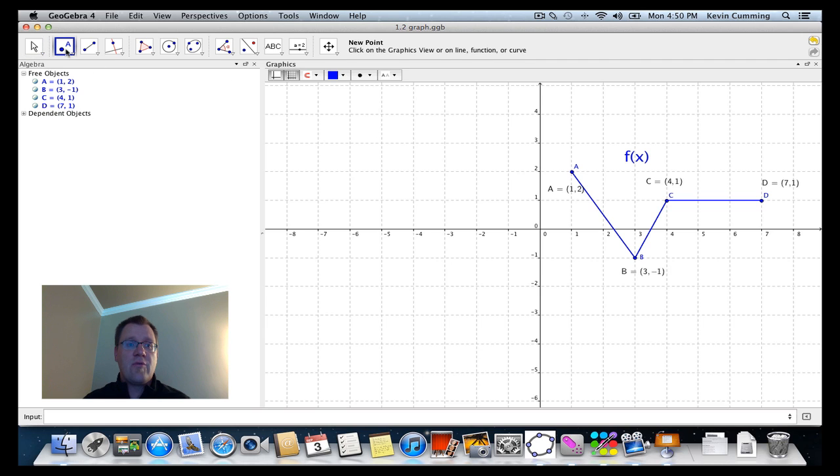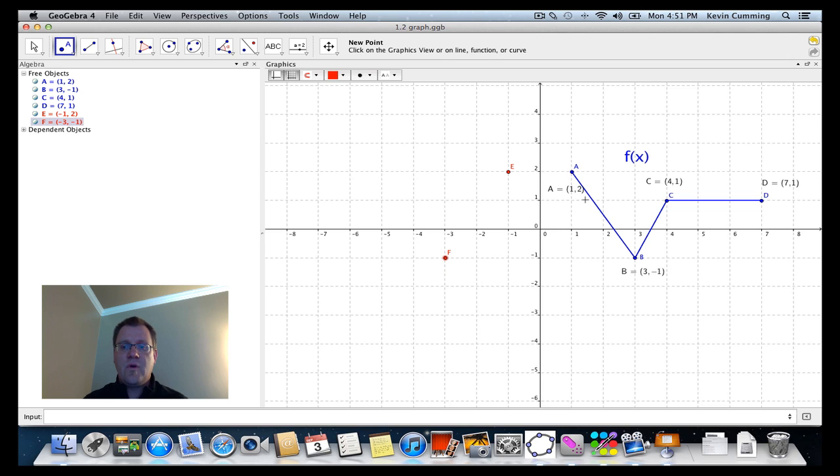In making a reflection, I'm going to make these points red. I'm taking this point A, and if it's reflected in the y-axis, right now it's 1 unit to the right. That makes it 1 unit to the left. There's my point E. Point B is 3 units to the right, so it'll be 3 units to the left.